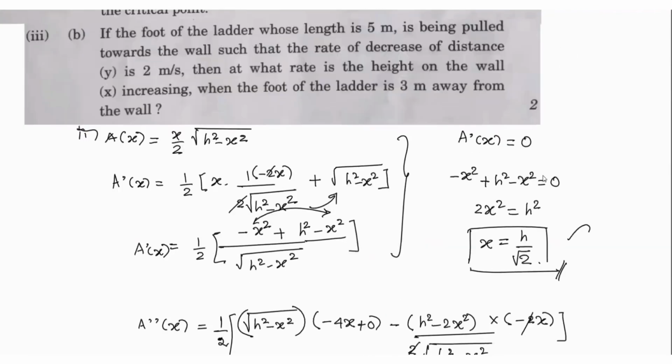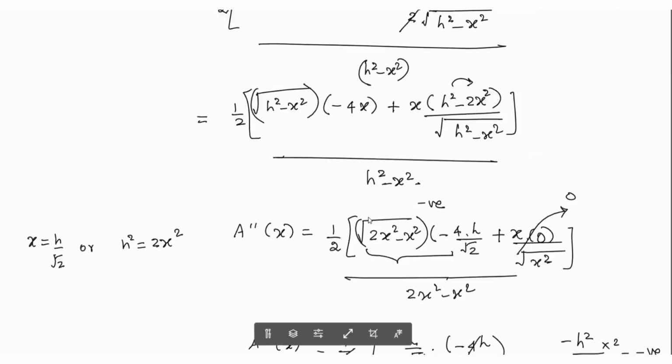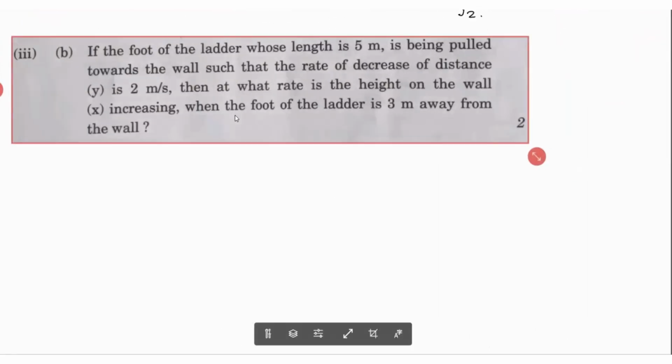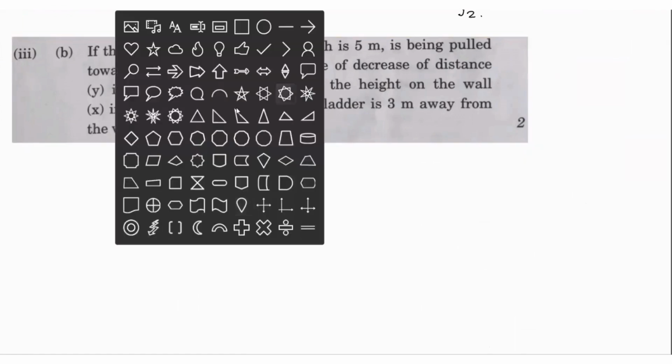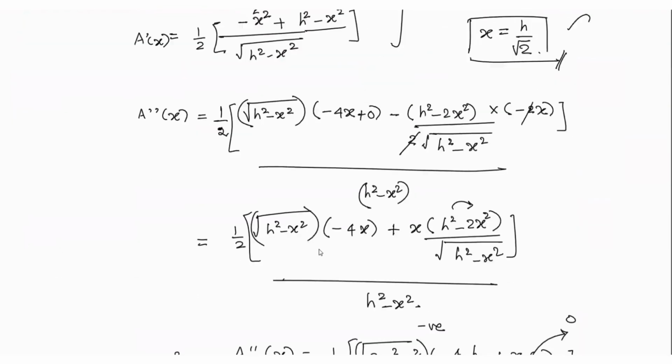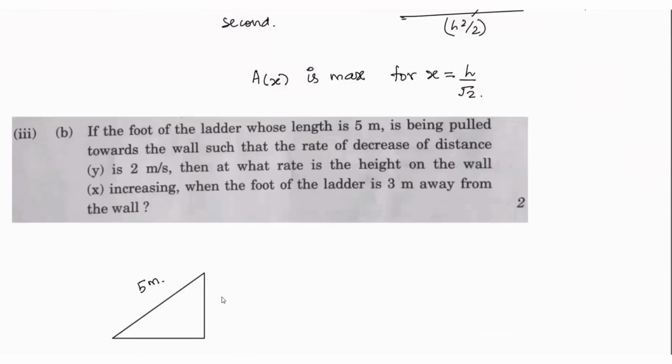Look at the third question, B subdivision. If the foot of the ladder whose length is 5 meters is being pulled towards the wall, so we'll try to draw this diagram. The ladder's length is 5 meters, and as given in the diagram, x is along the vertical side and this is y.